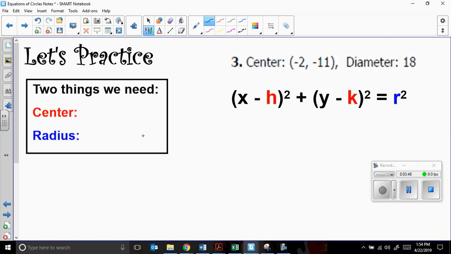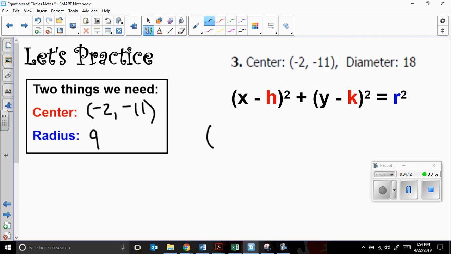All right, let's try example 3. Remember, the two things we need are the center and the radius. Here our center was given to us. It's (−2, −11). But they gave us a diameter and we need a radius. If the diameter is 18, remember the radius is half the diameter, so this would be 9. Now we have everything that we need, so we're going to plug this in.